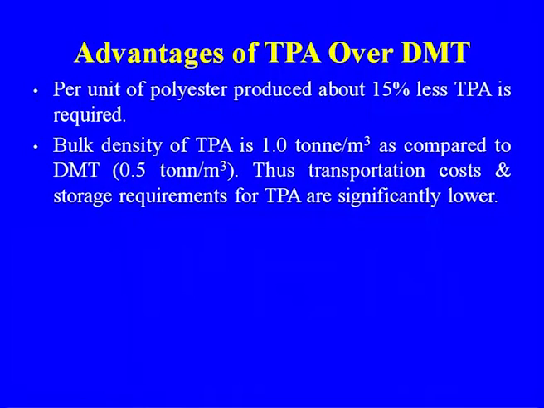Per unit of polyester produced, about 15% less TPA is required compared with DMT. The bulk density of TPA is 1.0 as compared to 0.5 for DMT. Thus, the transportation cost and storage required for TPA are significantly lower because of its higher bulk density.